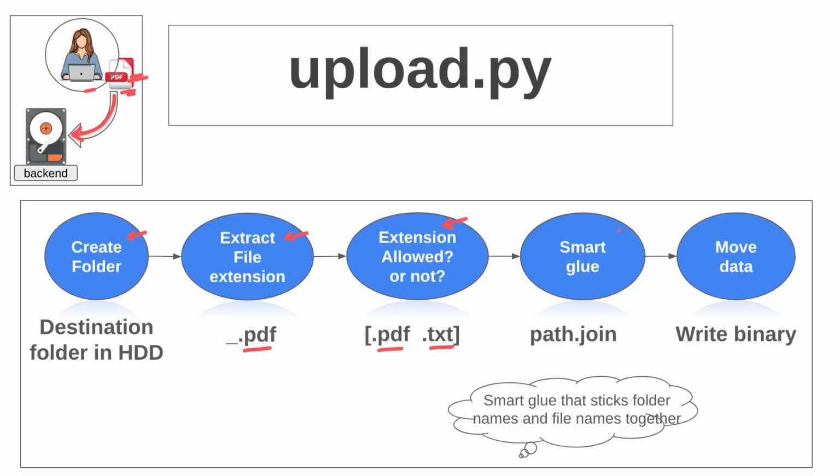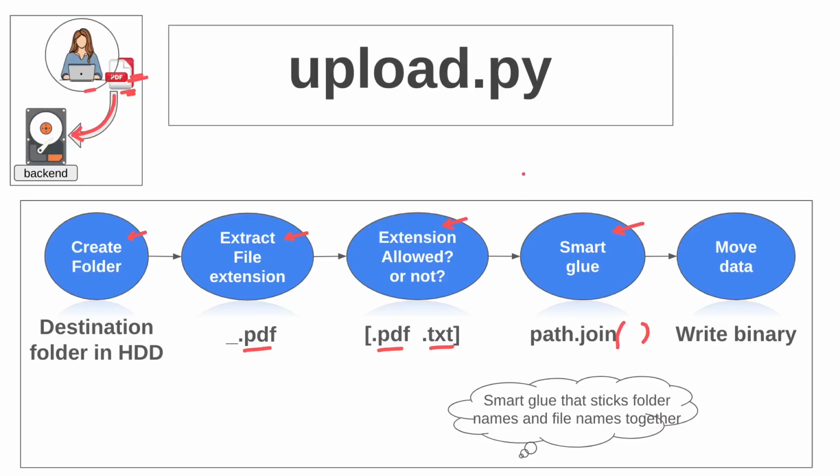Then there is a concept, smart glue, meaning path.join. We will use this. Here what happens is this smart glue sticks the folder name and file name together.